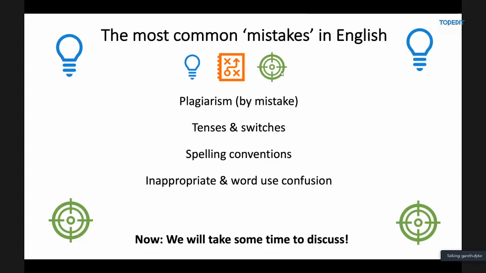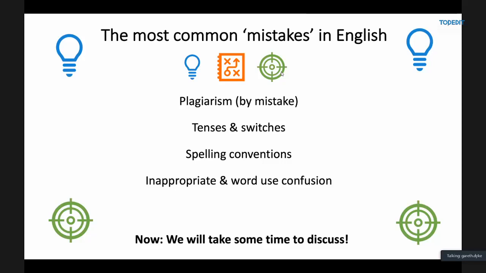The first one, plagiarism, we'll talk about in a minute, but that's almost always happening by mistake in academic writing. Authors are unaware of what plagiarism is.